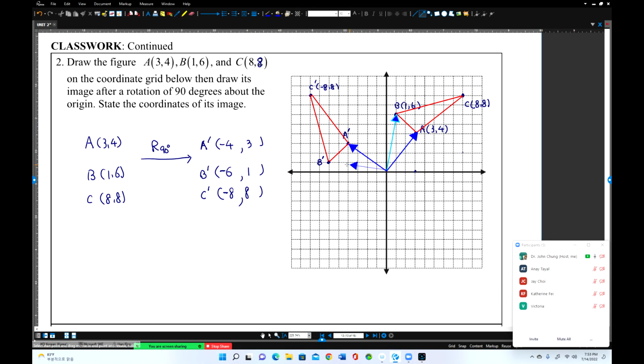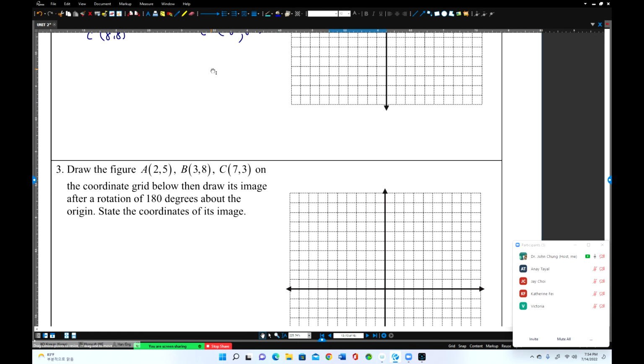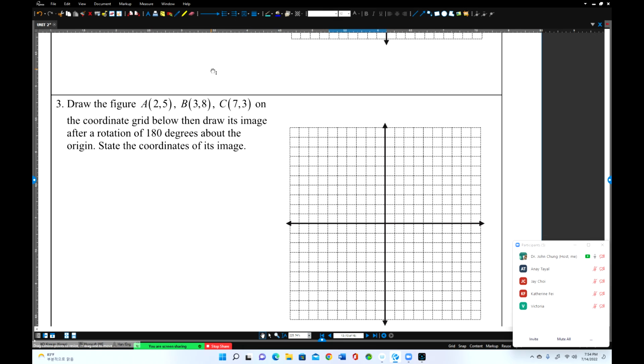Another B prime here. Exactly 90 degree. C prime also 90 degree because we applied the same rule for the rotations. Just like construction of a figure, right? That's it.